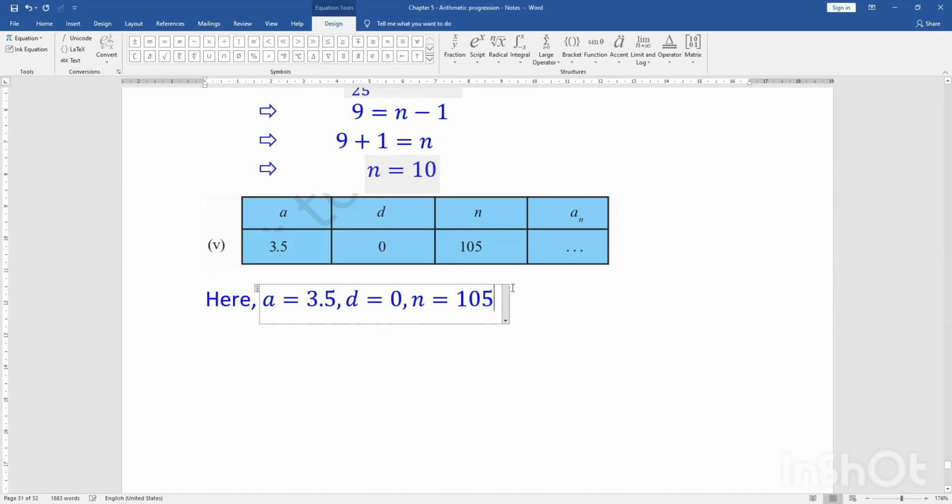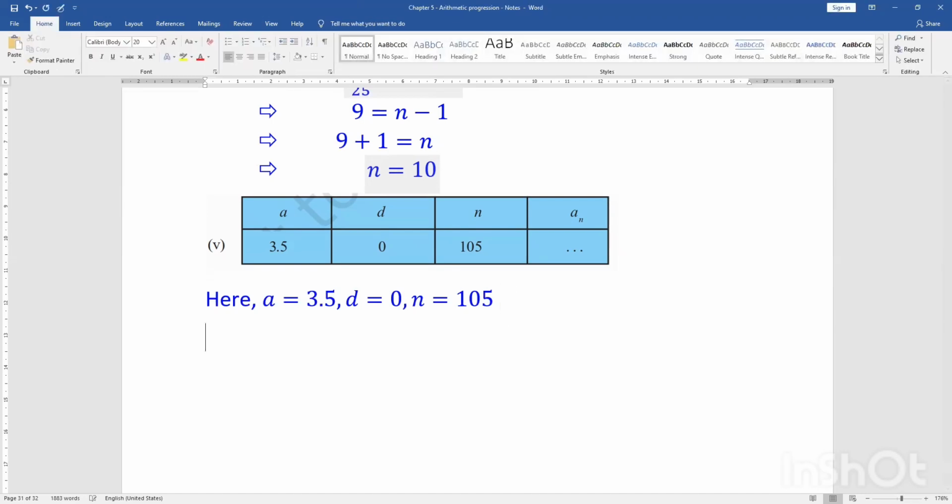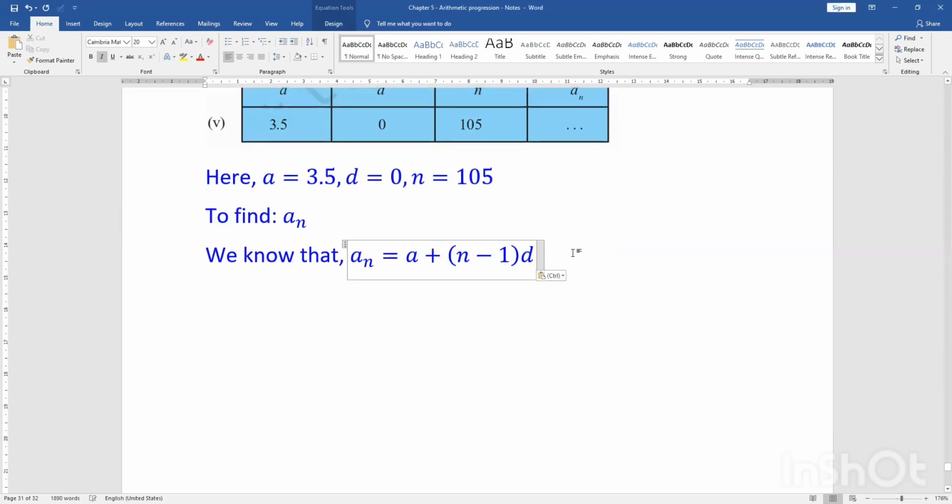To find AN, let's write the formula for AN. We know that AN equals A plus N minus 1 into D. Then after this, let us write the step.